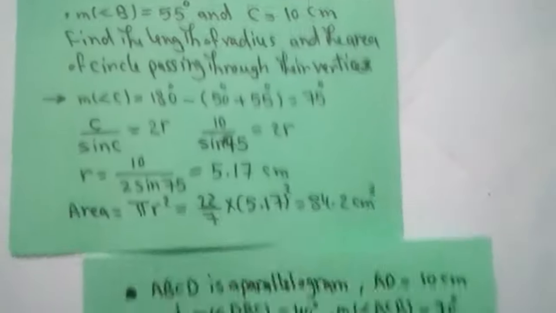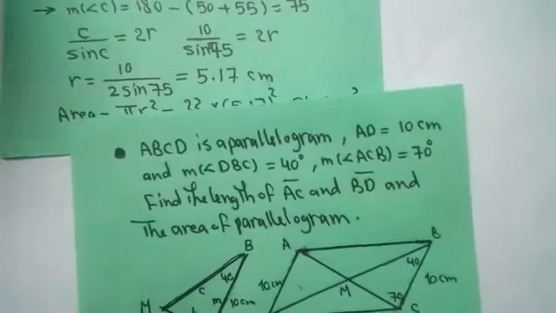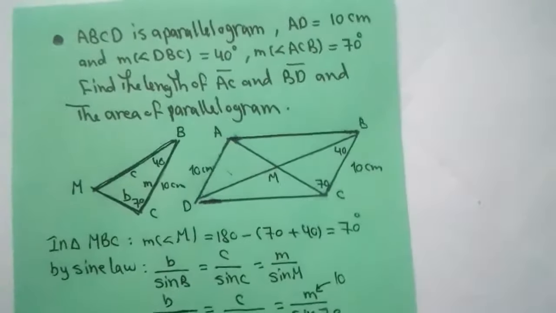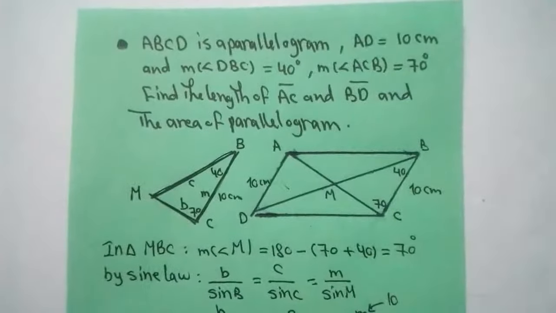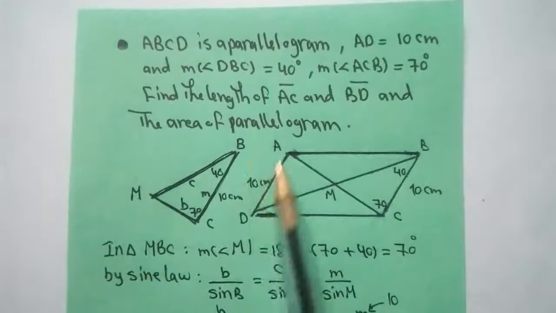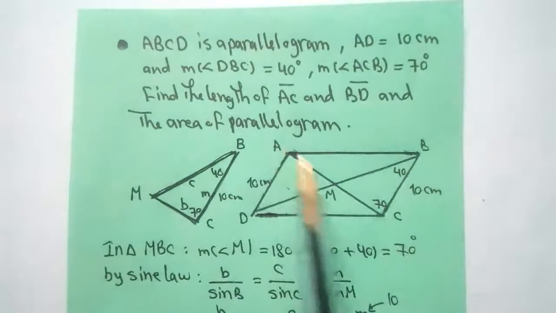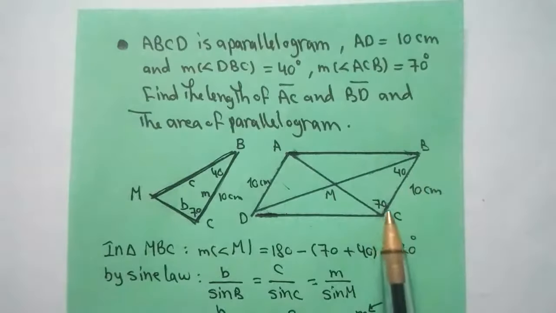Very important example: parallelogram. ABCD is a parallelogram. AC equals 10 centimeters. Measure angle DAC equals 40. Measure angle ACB equals 70.